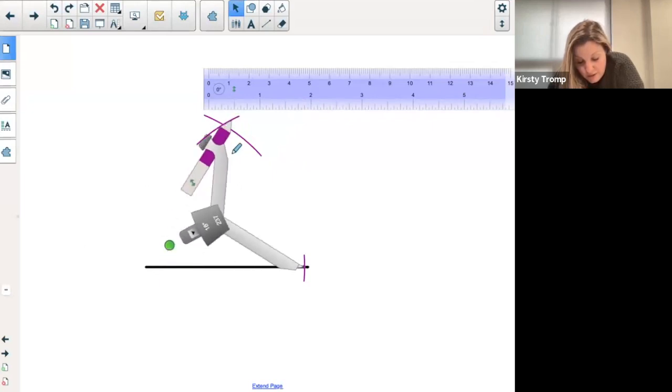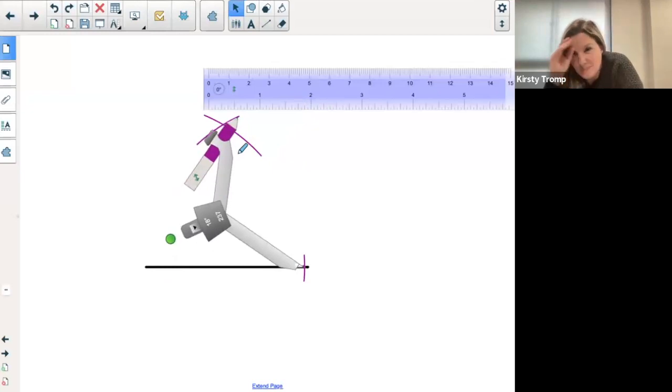This point over here. So I move my point onto the pencil mark on my line with the arc, and I made another arc at the top.